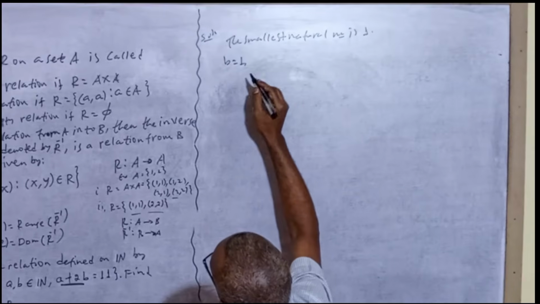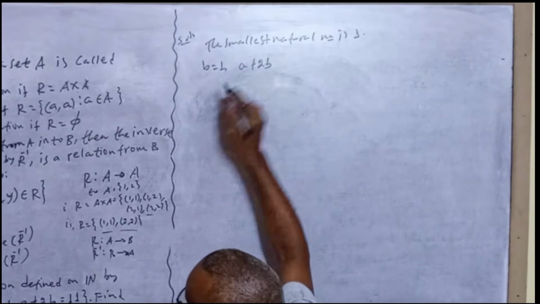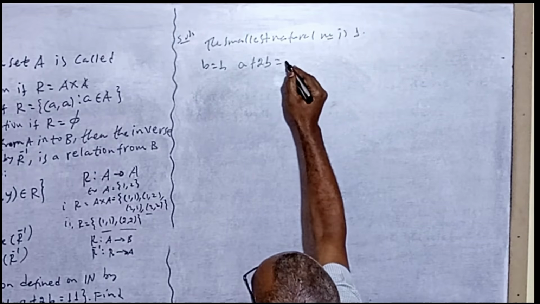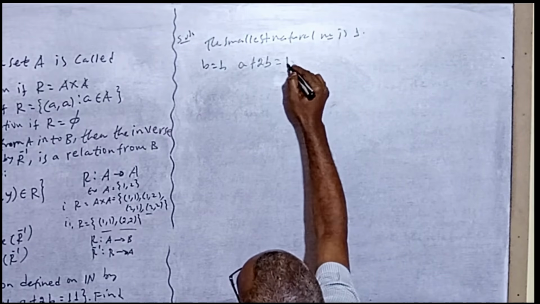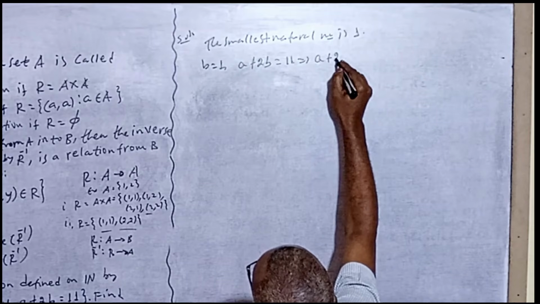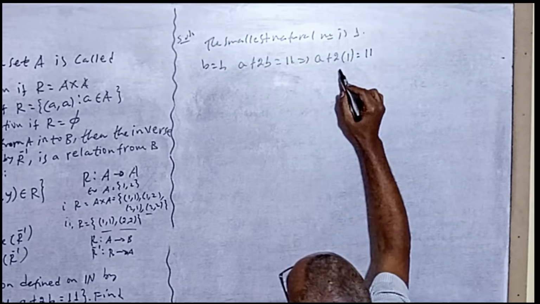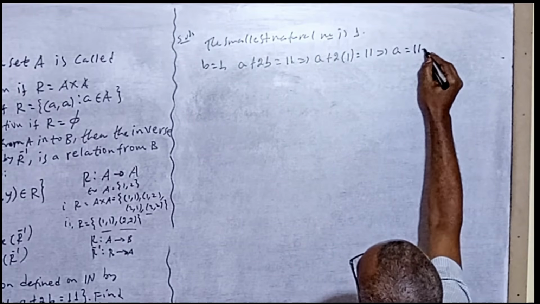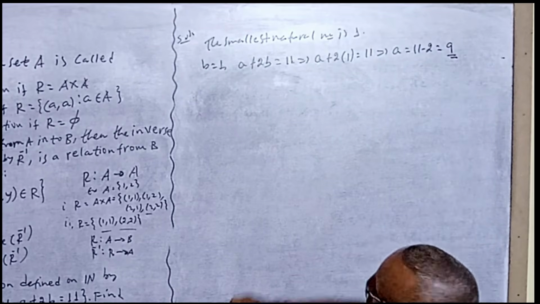Then a plus 2b is equal to 11, so a plus 2 times 1 is equal to 11. This implies a is equal to 11 minus 2, which is equal to 9.